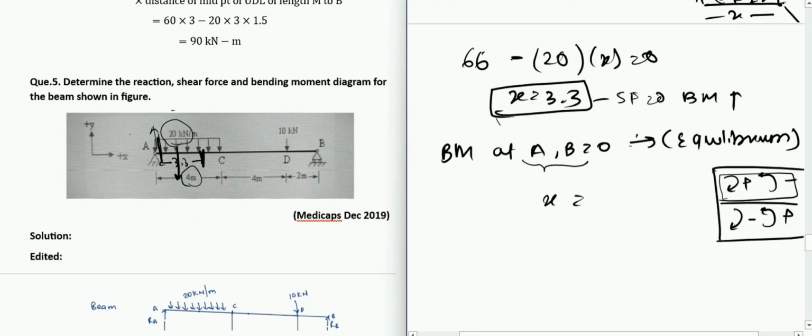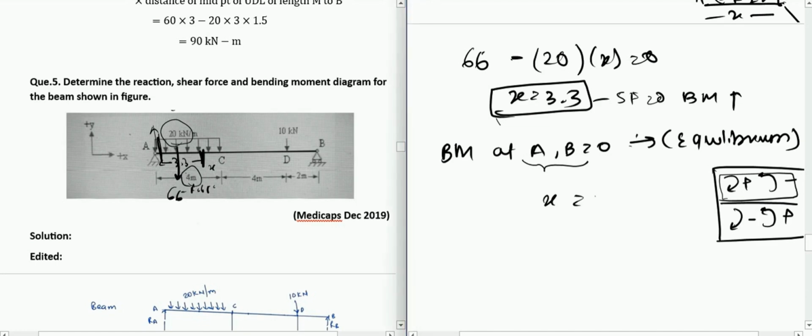So let us calculate that. The total force will be 20 into 3.3, which will be 66. And the distance will be 3.3 by 2, which is 1.65. So it is 1.65 distance from that x point, because the load will be acting at the center of this, right? So it will be 1.65 from this and 1.65 from this. You can just calculate the bending moment at x.